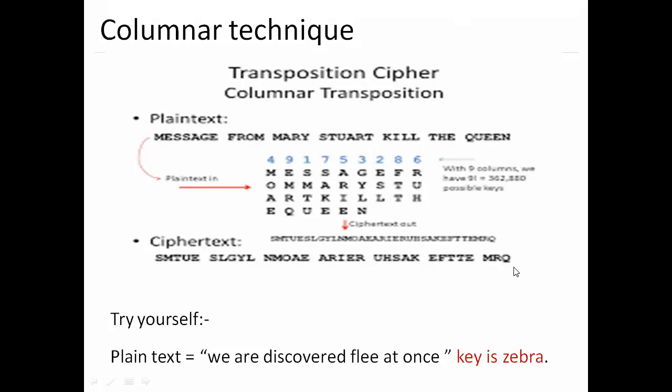In the advanced columnar technique, whatever ciphertext we have, we again put it into columns, and using the same key we make a ciphertext of the ciphertext. So it goes plain text to ciphertext to advanced ciphertext.